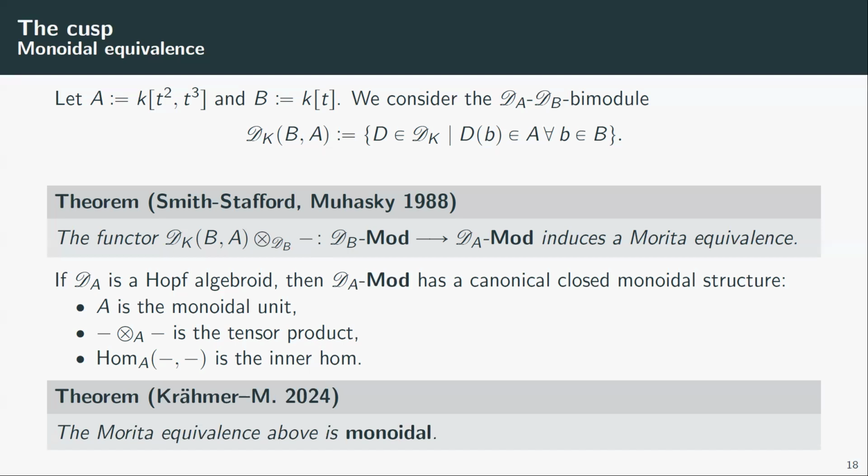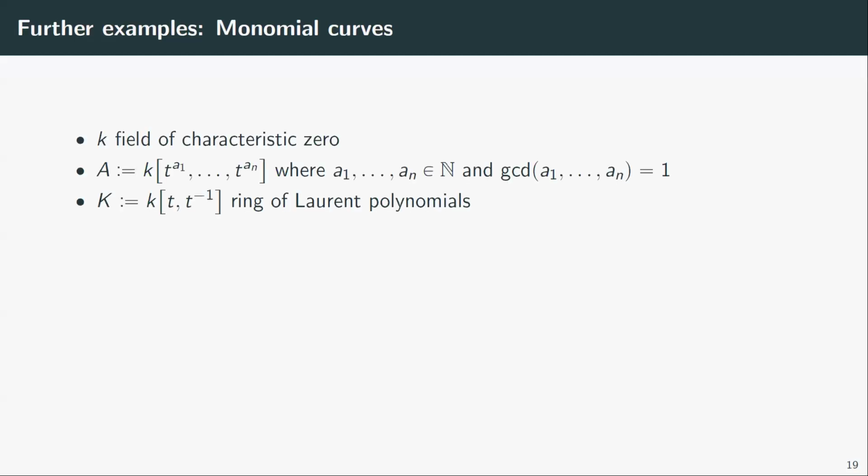And before we finish, I will mention the family to which the cusp belongs. Those are the coordinate rings of monomial curves. They are of the form A equal K[T^{a_1}, ..., T^{a_n}], the subring of the Laurent polynomials generated by powers of T, where the powers a_1, ..., a_n are chosen to be co-prime with each other.